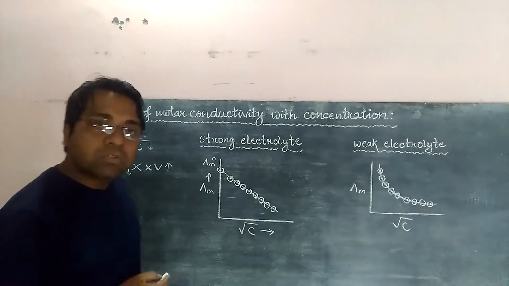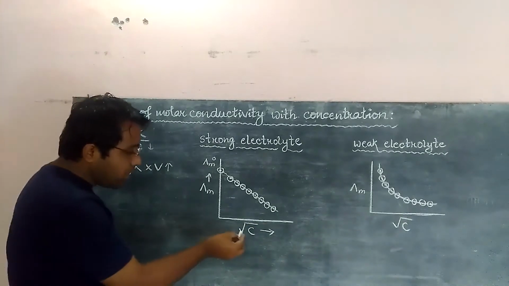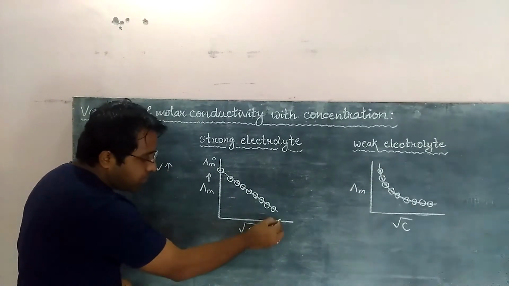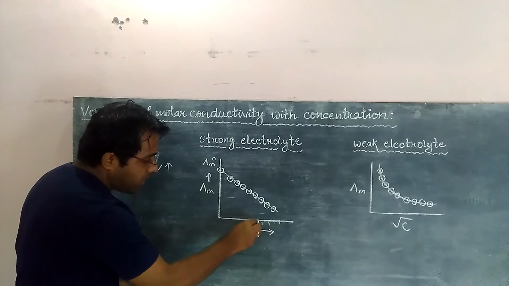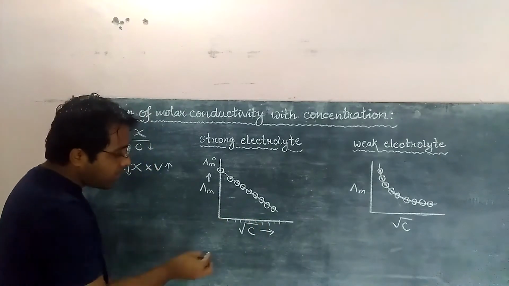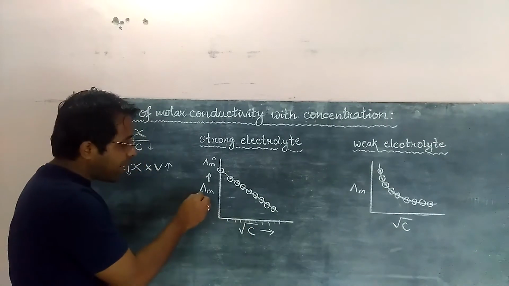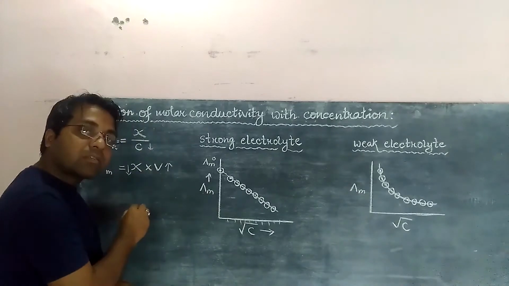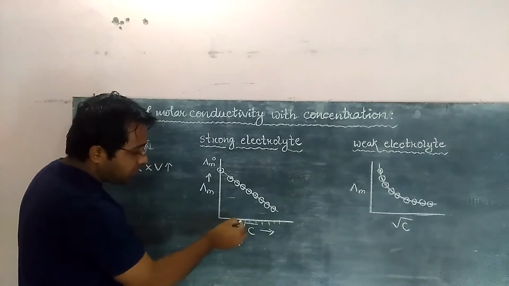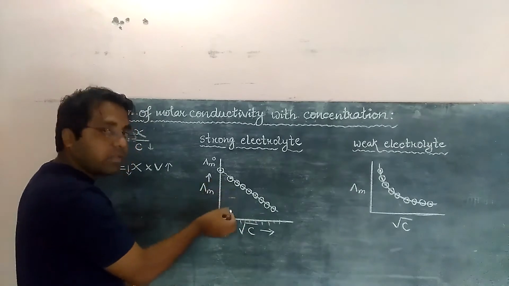So for any strong electrolyte, if volume increases, concentration decreases. Now if you look at the graph, it is found from the experiment that if the square root of concentration is plotted on the x-axis and lambda m on the y-axis, then with decrease in concentration, the molar conductivity value increases.